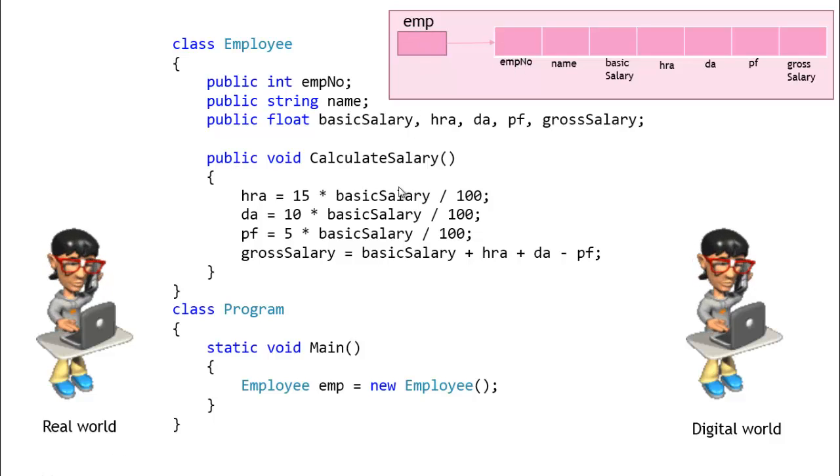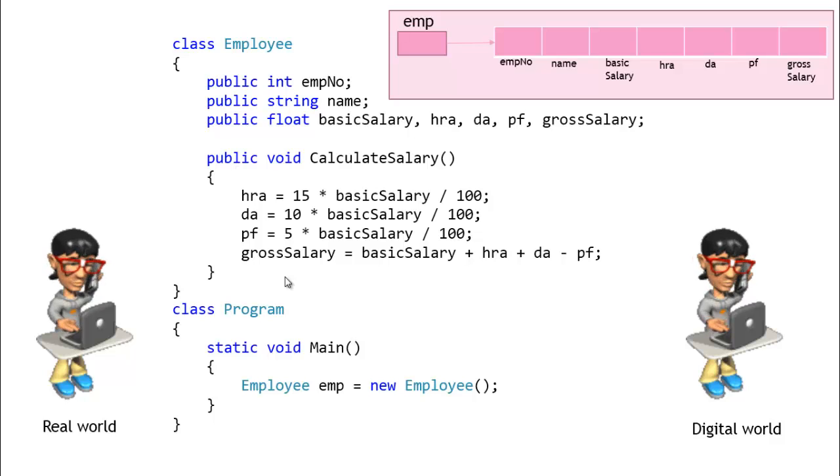This is how we create a variable from a class. But now, as this variable, in addition to structure, also has some behavior, we don't call it a variable, but we call it an object. So an object is nothing but a variable created from a class.